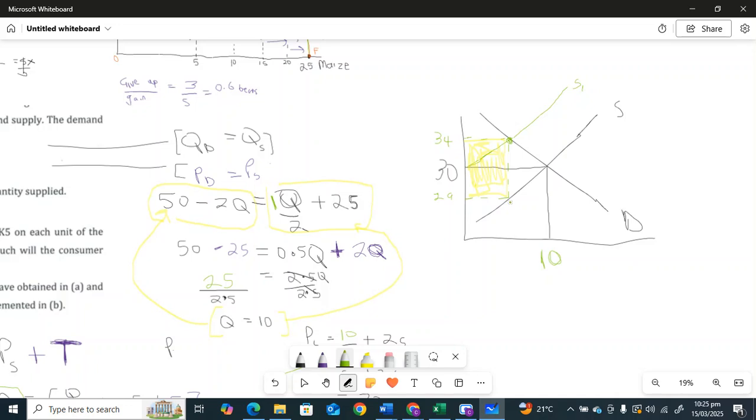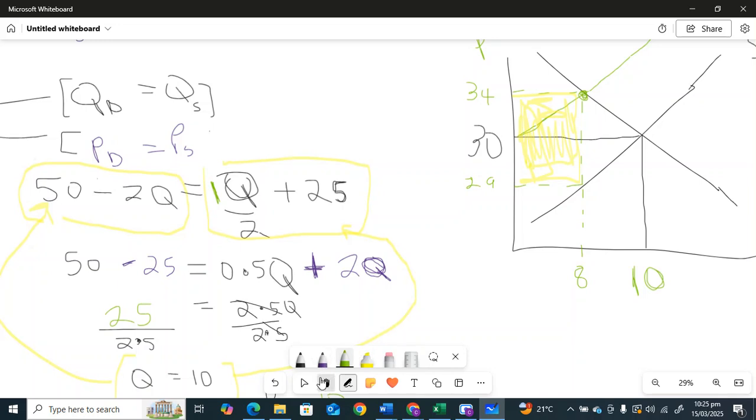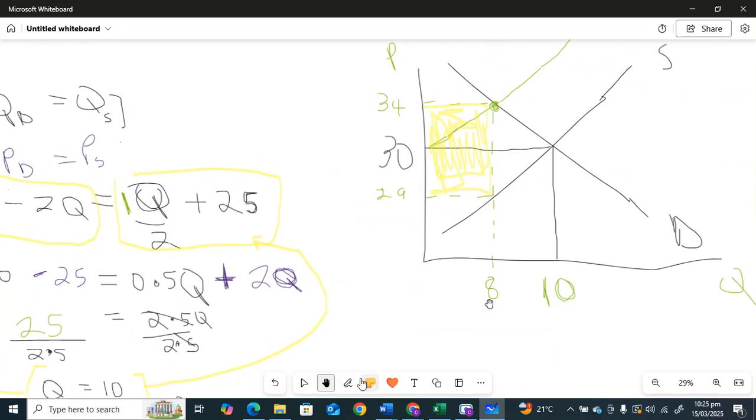And then once you take this point down, since our new equilibrium quantity is 8 units, here you're going to put 8 like that. So this is how your graph is supposed to look. Any questions, colleagues?